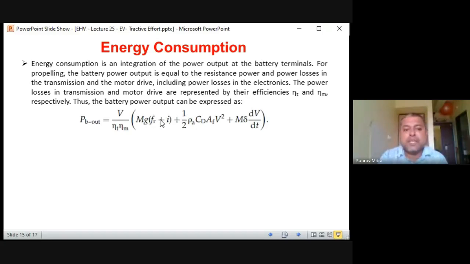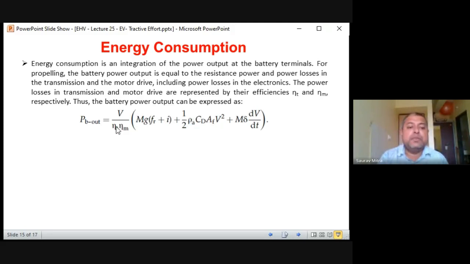These two terms are actually negative terms, and this is m delta dv/dt. This is the power, because dv/dt is there. So this is the power for traction, which is propelling the vehicle, and the other terms are negatives.